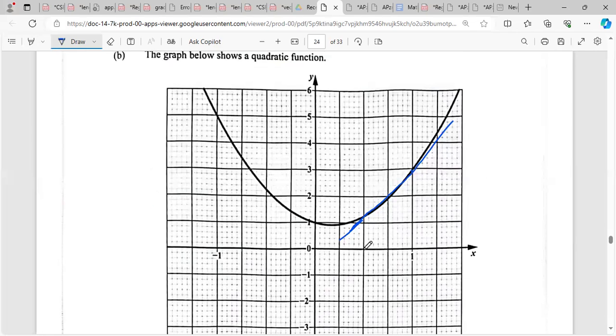So how much to go to 1? 1, 2, 3, 4. So this is about 0.5, and this about 1, and this 1.5, right? So the gradient should be y2 minus y1 over x2 minus x1.